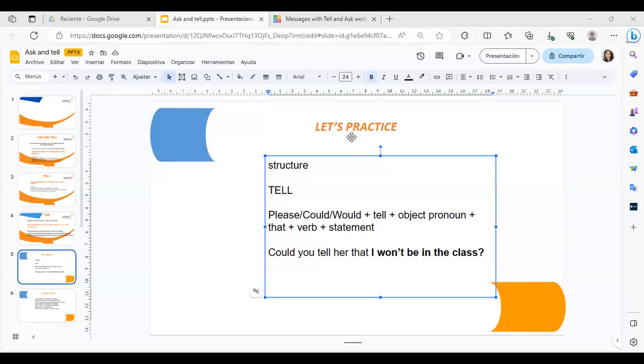Okay, using that structure. Could you give me a favor?